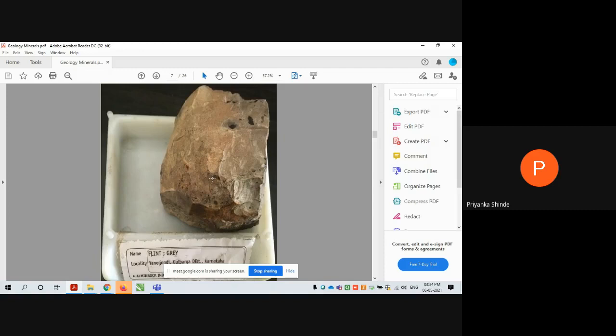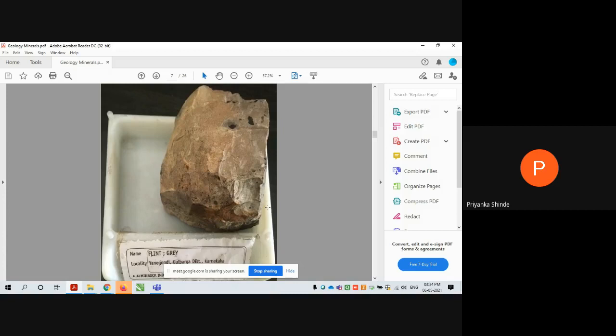The hardest one is diamond and the softest is talc. Here quartz is in the hardness box at number 7, so you have to write the hardness as 7. For all the quartz, the hardness is 7 except opal.